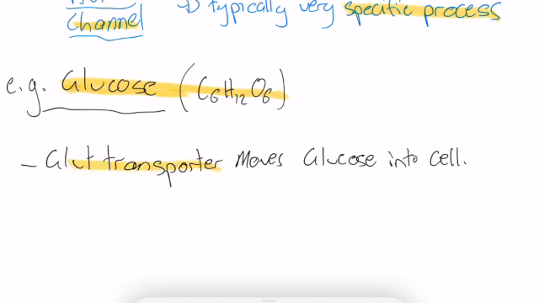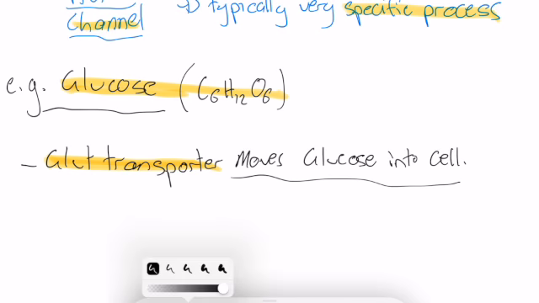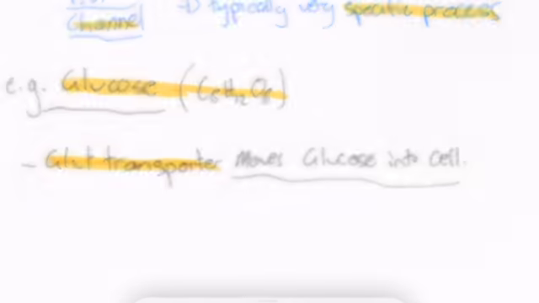Things like GLUT transporters allow this movement of glucose into a cell, making it a facilitated diffusion and making it without that additional ATP energy source, which in turn allows more energy efficiency within cells.